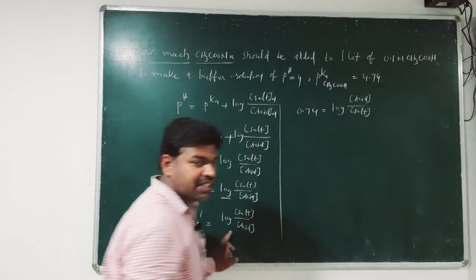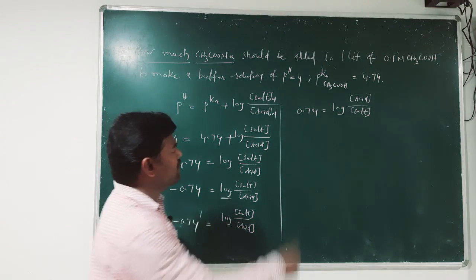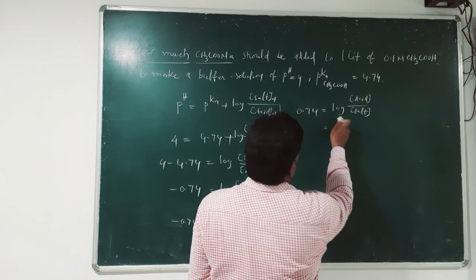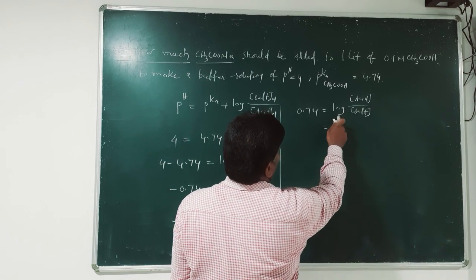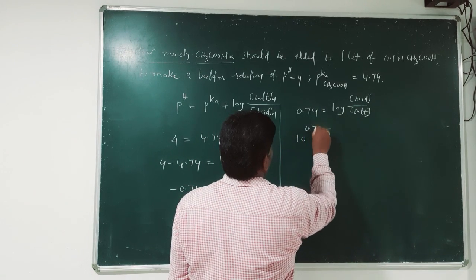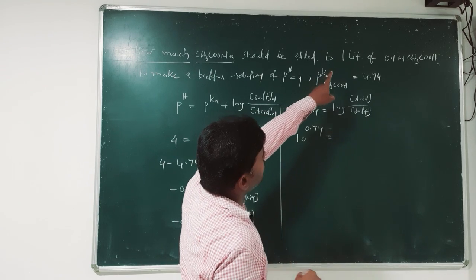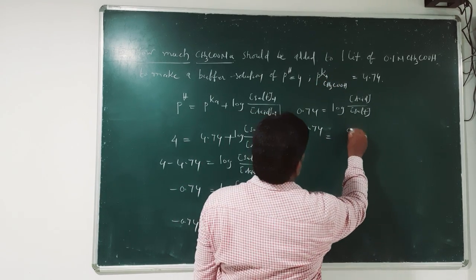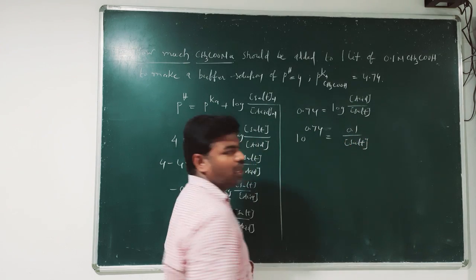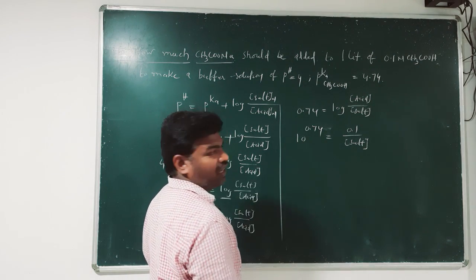Now taking the anti-log, 10 power 0.74 is equal to the concentration of acid, which is 0.1, by the concentration of salt. Let us calculate the anti-logarithm of 0.74.